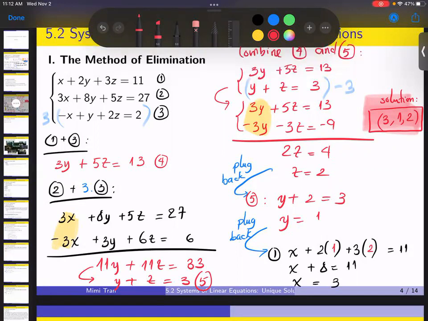Negative. Wait. If you want to, yeah, we can do that one.